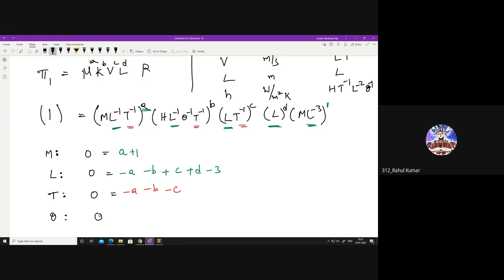Theta on the left hand side is 0. On the right hand side, you have theta only for B, so minus B you will write here. Let's move to H also. For H, it is 0 here. On the other side, you have only one value of H here. It's actually plus, anyway it's 0, doesn't matter.